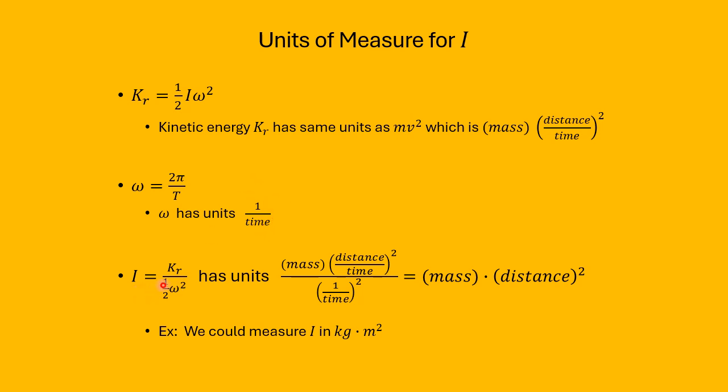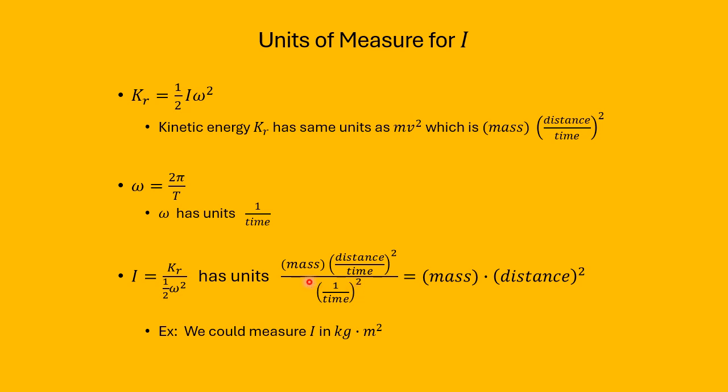I then has the units of the kinetic energy of rotation divided by 1/2 omega squared. The kinetic energy has units of mass times distance over time squared, and then omega squared has units of 1 over time squared. This is dimensional analysis, I guess you could say.